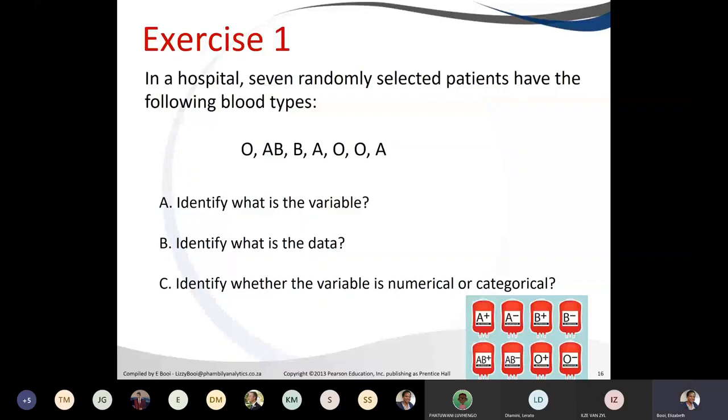Okay, you can unmute and let's have a discussion. What is a variable?